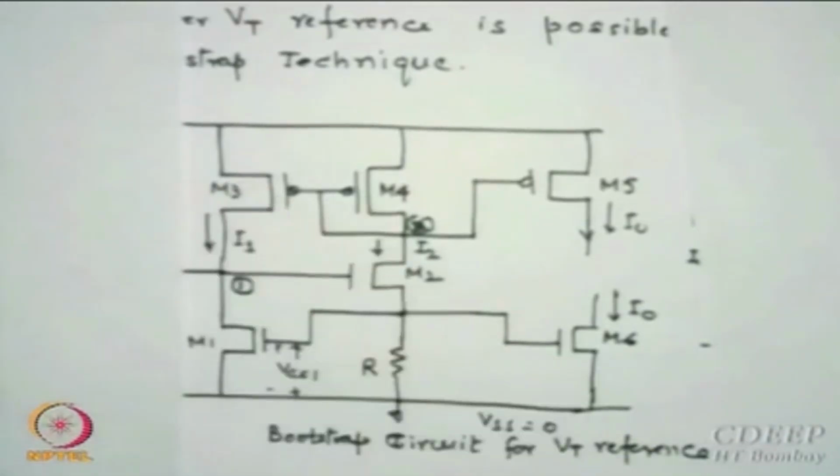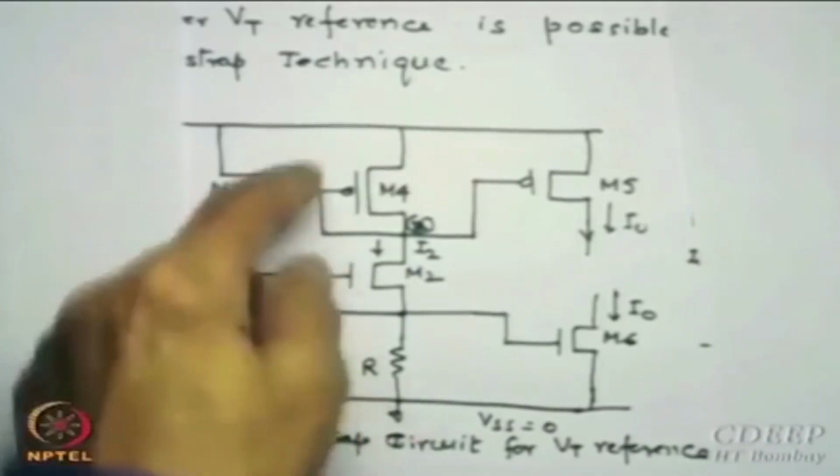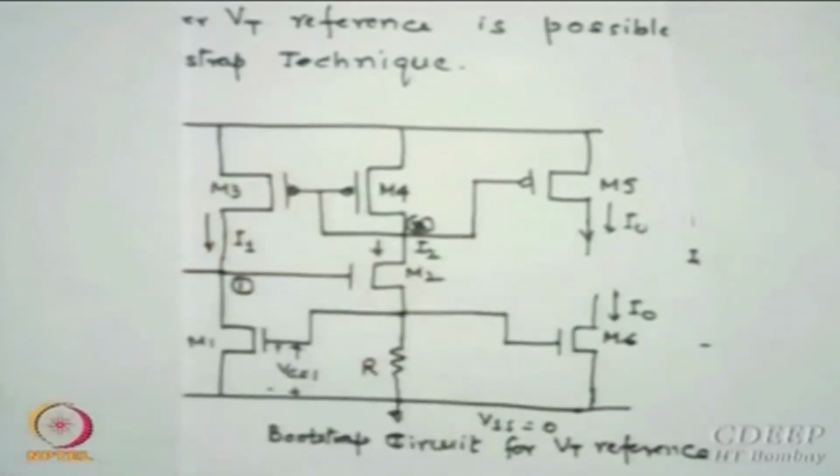All that is there, see M3 and M4 are identical, okay, and they are connected in diode form here. So what does that mean? M3 mirrors M4 currents, okay, and if the sizes are the same, current in M3 is the same as current in M4. Okay.